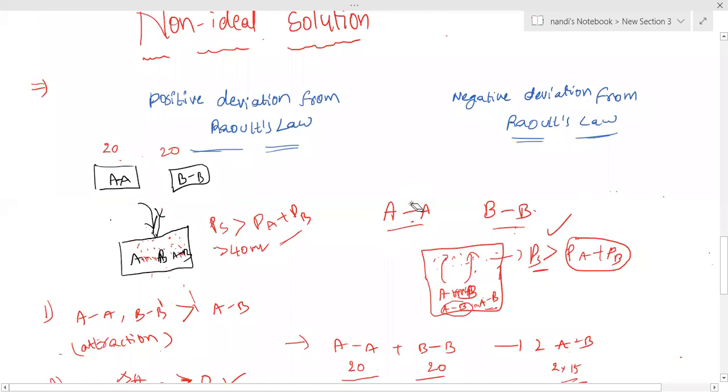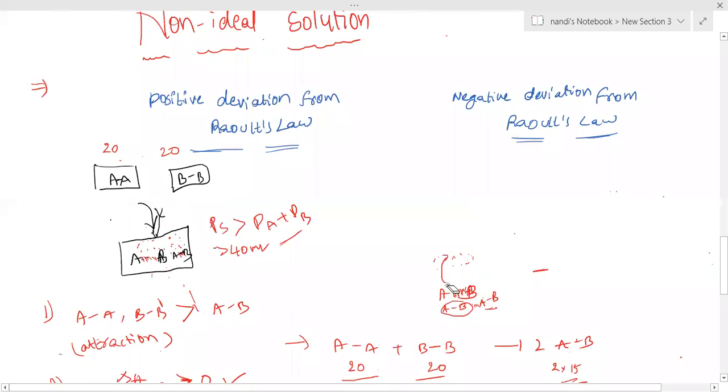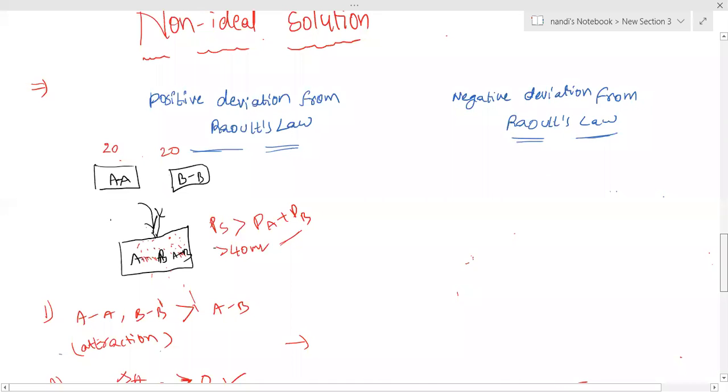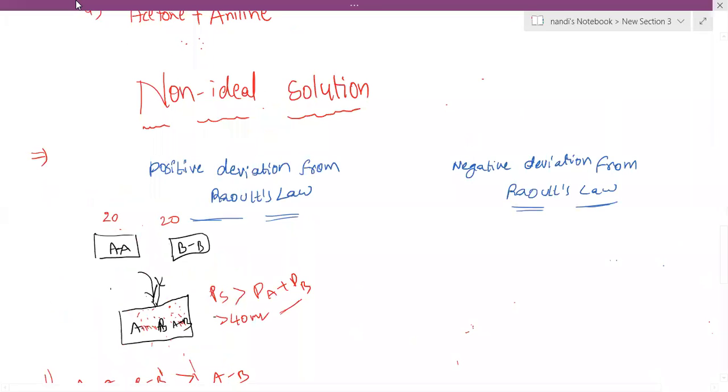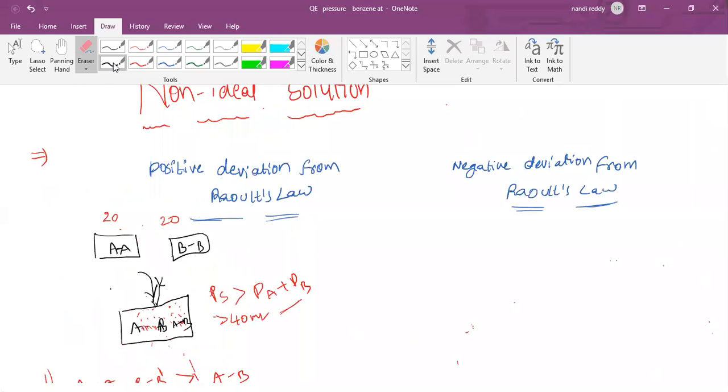Now, coming back to negative deviation, exactly all points are opposite. Negative means delta V mixture is negative, delta H is negative, except delta S. The attraction is stronger, not weaker. The A B attraction is exactly the opposite of everything.